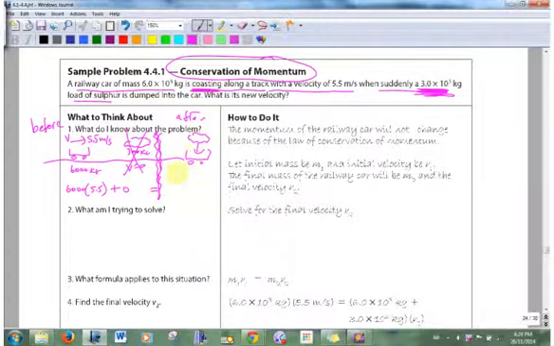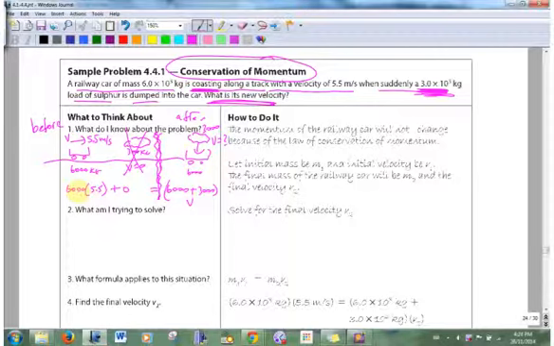After equals, what do I have? I have this car, which is 6,000 kilograms. I have the sulfur, which is 3,000 kilograms. And they're joined together. This sulfur was dumped into the car. So let's treat this as just one mass, times some velocity, which I don't know. That's what I'm trying to solve for.